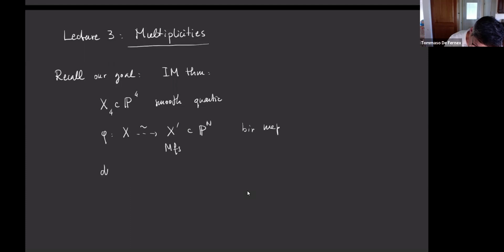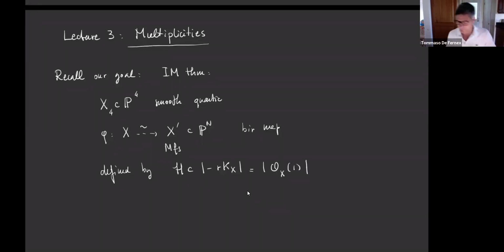And I can assume it's defined by a linear system inside some multiple of the anti-canonical class, which in the case of a quartic in P4, by adjunction, is the same as the hyperplane class. So R times that.